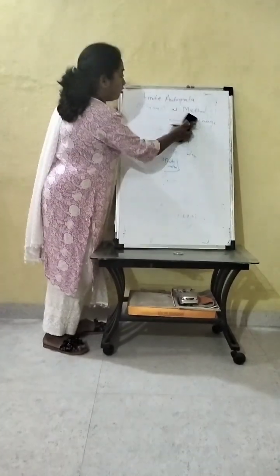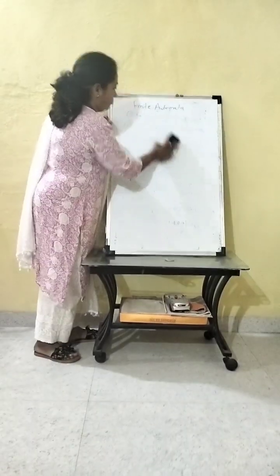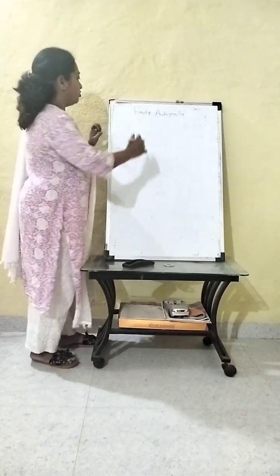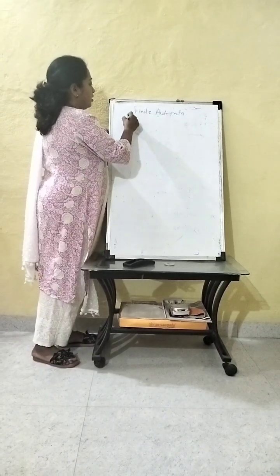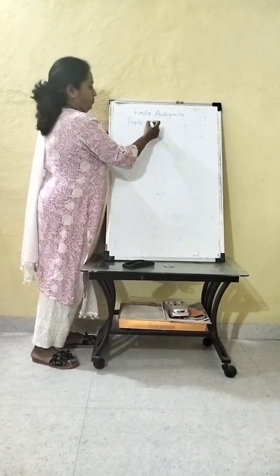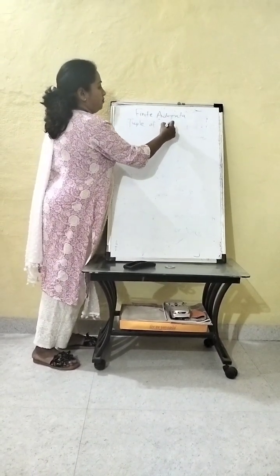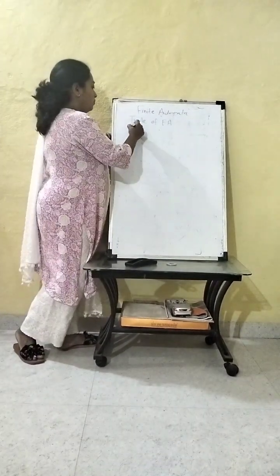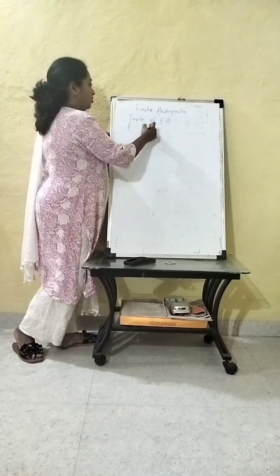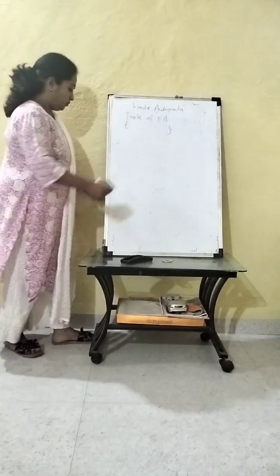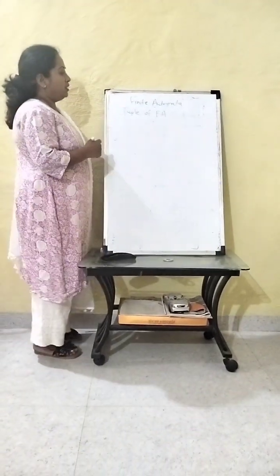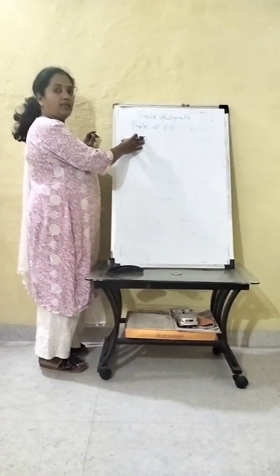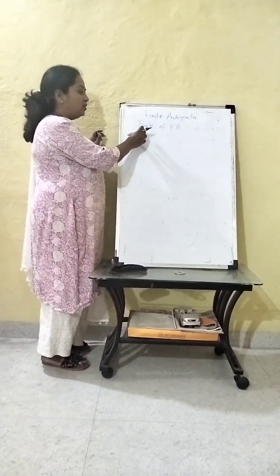Then we'll see what components are required to draw this FA. We'll see the components, or tuples. To define this finite automata, we require a set of things, and these components are called a tuple.